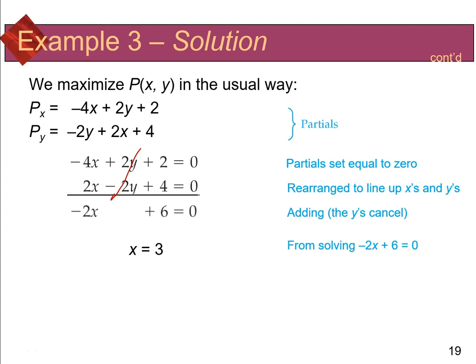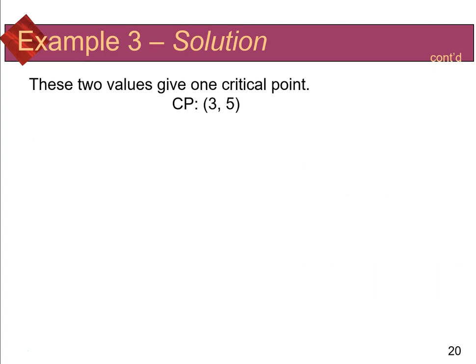And if x equals 3, I can substitute x equals 3 into either one of the two original equations and figure out what y would have to be. In this case, y would have to be 5. So I do have this ordered pair, this critical point of 3, 5.